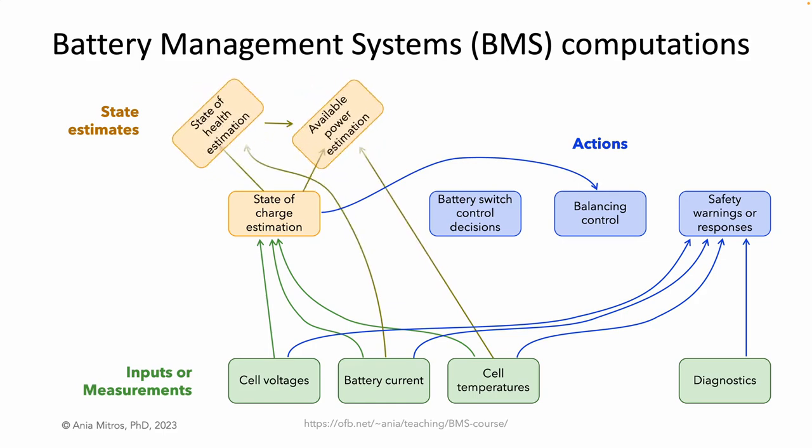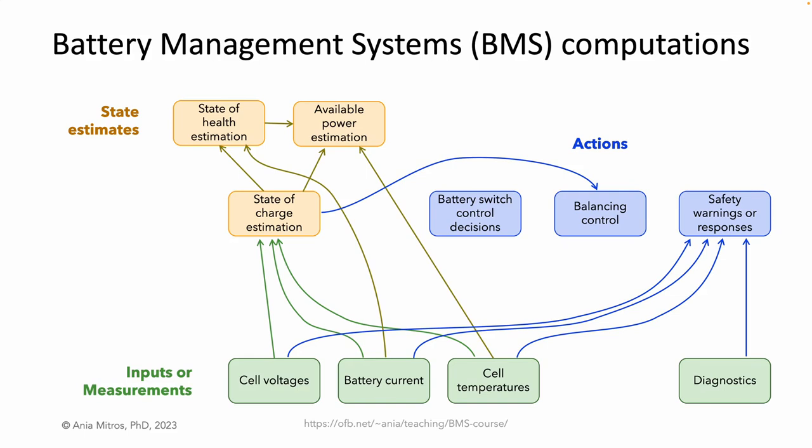The state of charge estimate and some of the baseline measurements may feed into 2 other state estimates, namely state of health and available power. Power estimation directs the charger as to the maximum allowed charge rate and directs the motor or inverter or other load as to how much current they may draw. Battery switch control is a relatively straightforward yet important function.